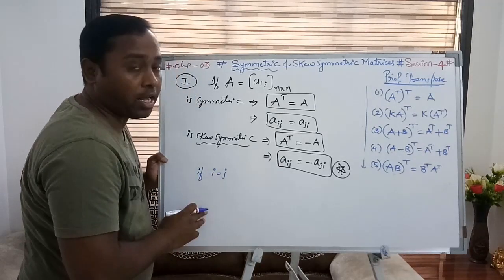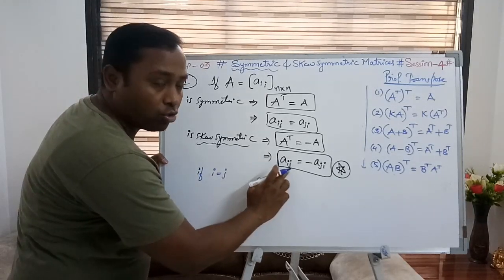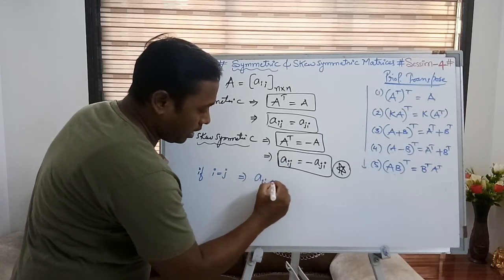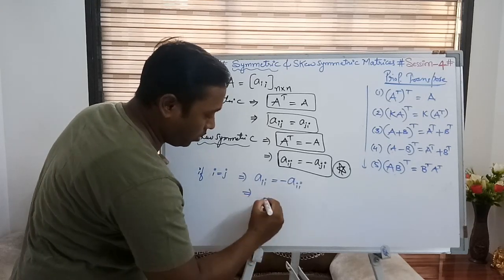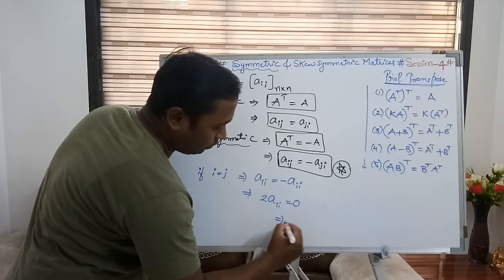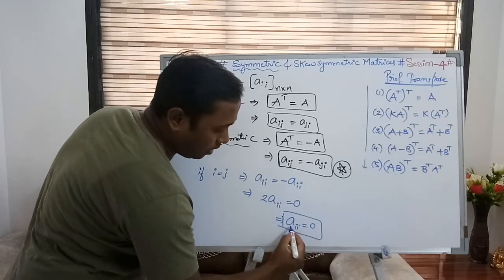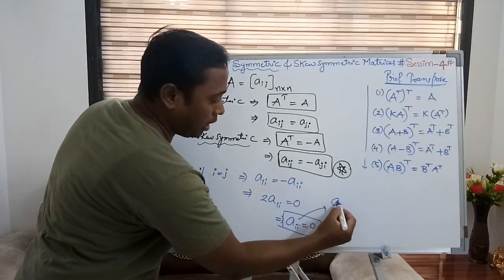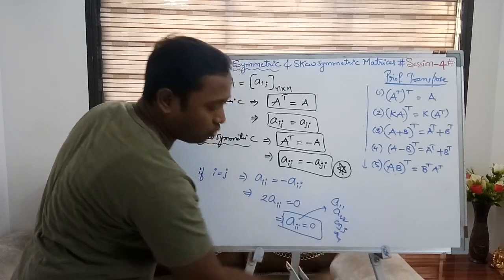They represent the diagonal elements. Now if I take i equal to j in this condition, it implies that Aii is equal to minus Aii, which also implies 2Aii equals 0, which is Aii equal to 0. What does it mean? Aii means the elements A11, A22, A33, A44 and so on.